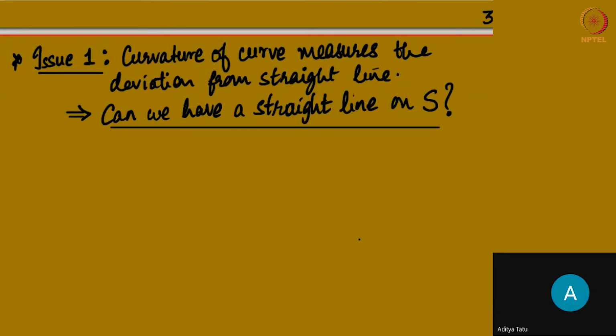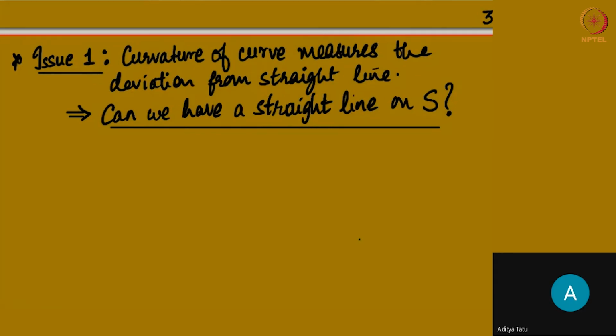What I'm trying to say is this method to study curvature of a surface at a point: let's use curvature of all curves that pass through this point, and these curves entirely lie on the surface. In order to do that, there is one issue that will arise. If we capture the curvature of a curve, it captures how much the curve deviates from being a straight line.